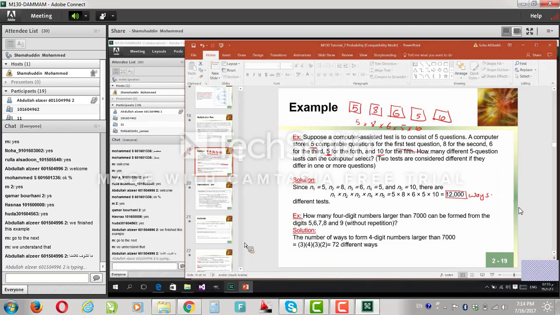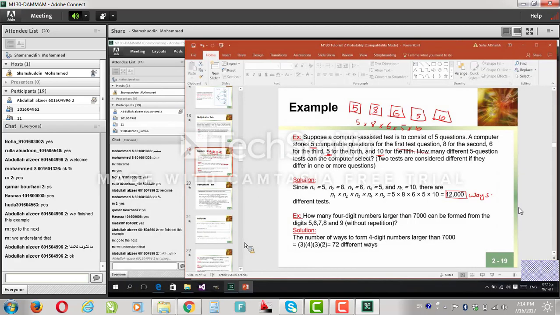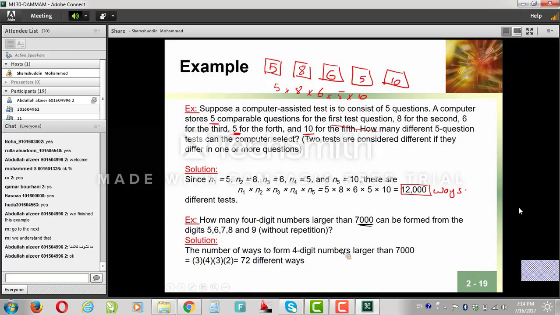شايفين الفرق ما بين. How many 4 digit numbers larger than 7,000 can be formed from the digits 5, 6, 7, 8 and 9? Pay attention to this one. I want 4 digit numbers without repetition.